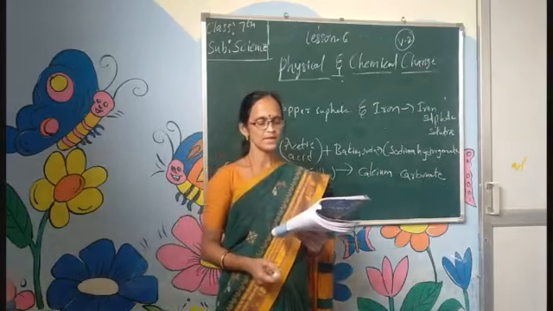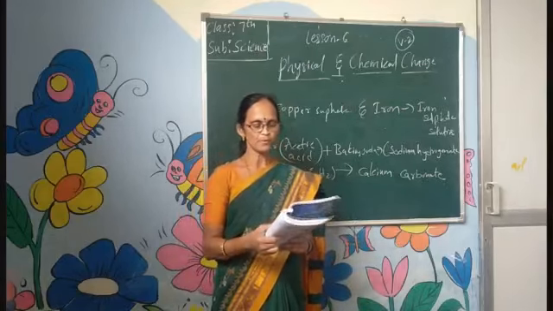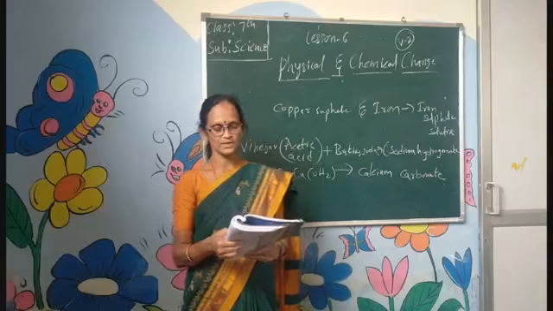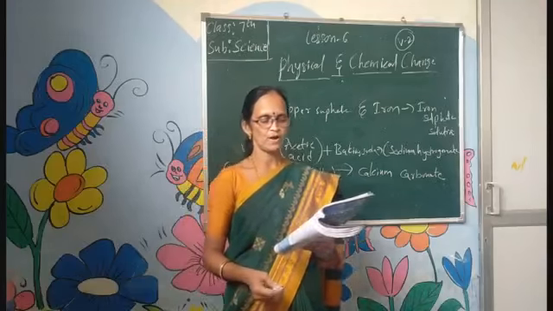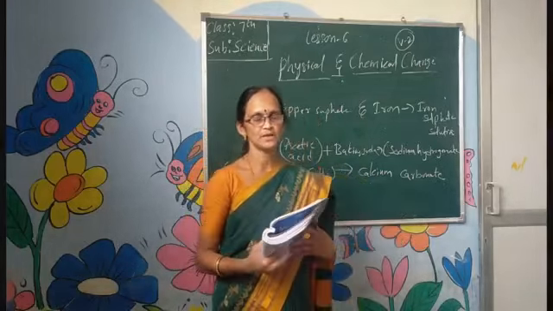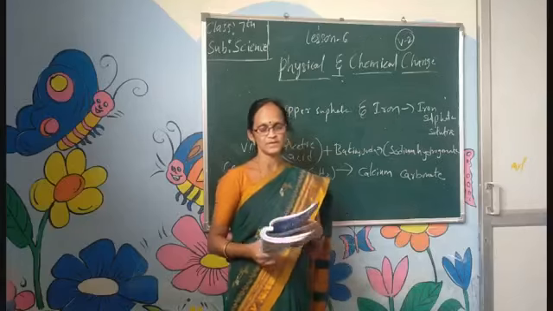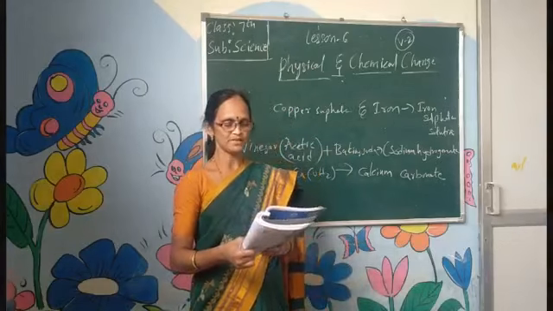A medicine is the end product of a chain of chemical reactions. So in a chain of chemical reactions, the last product you get is a medicine, in the form of a medicine.